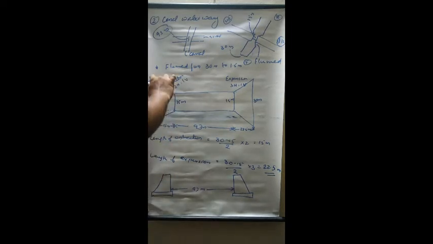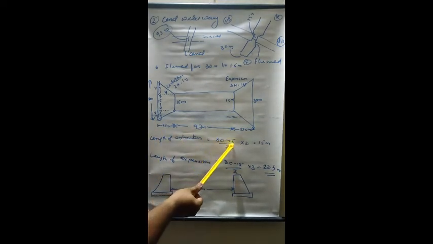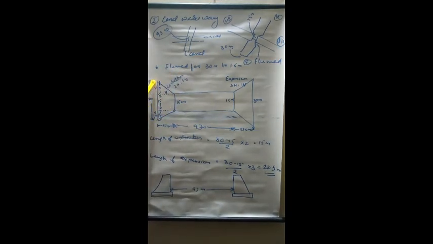The vertical length for this single portion is 30 minus 15 divided by 2. So we'll get one portion length. This is the vertical length only. We need to get the horizontal length, that is the length of contraction.